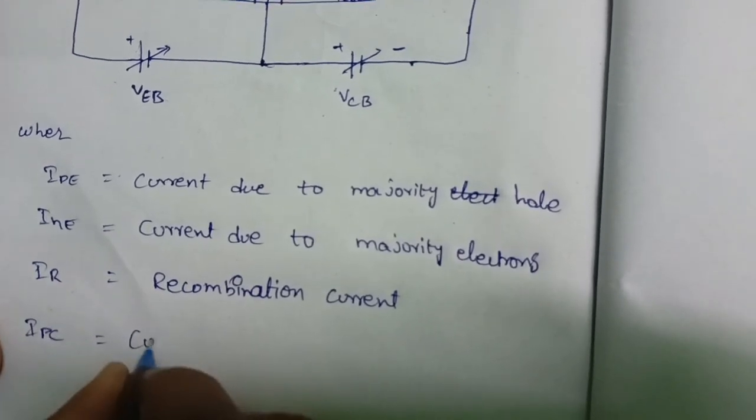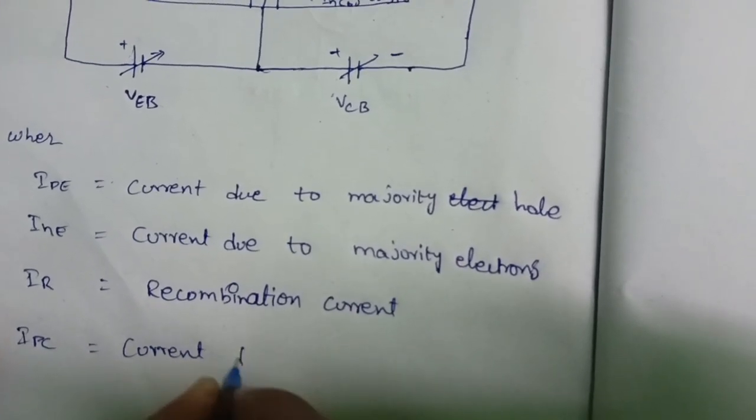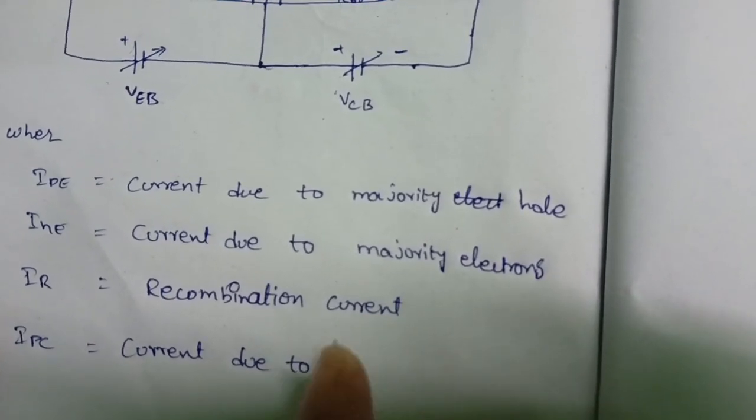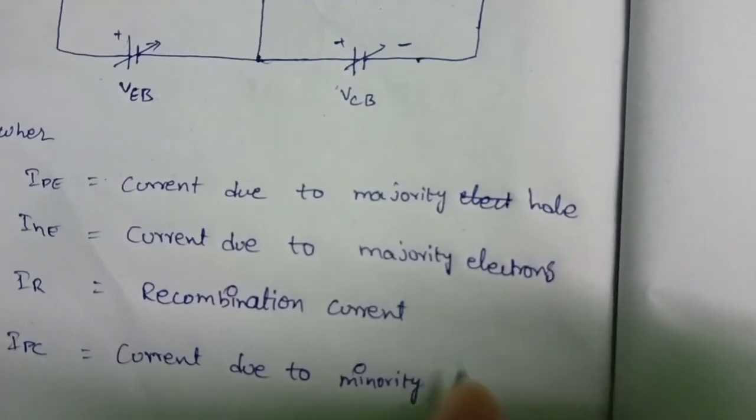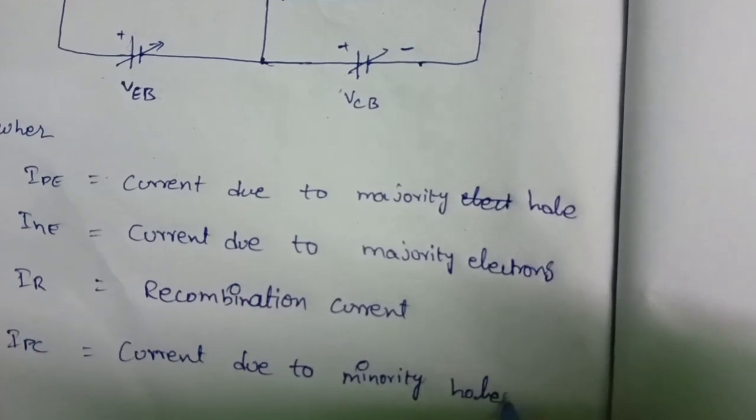IPC is the current due to minority holes.